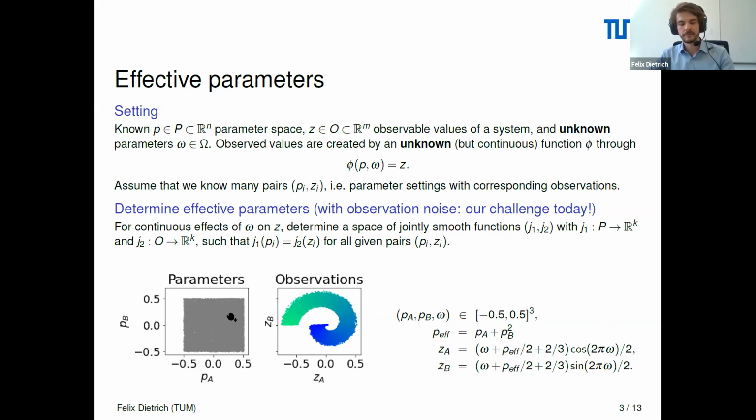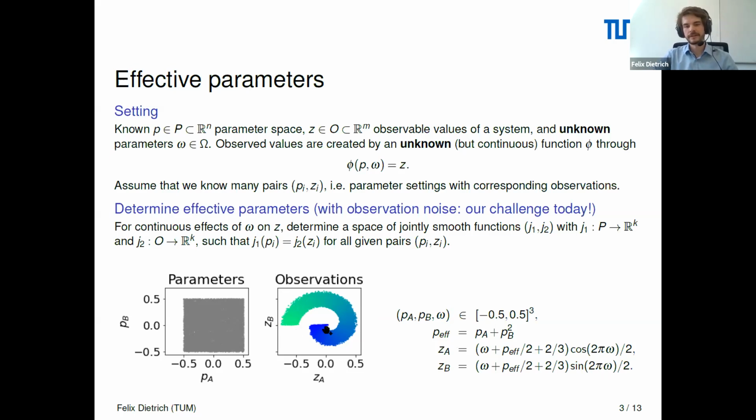So let's say we have a parameter space that is controllable by us. So we have two parameters PA and PB and samples of them in this little box. And we have this unknown parameter omega also sort of in this little cube now. And these actually cause observations, which are now in a 2-dimensional space as well. And they are just made up. So this is the function that creates this little spiral.